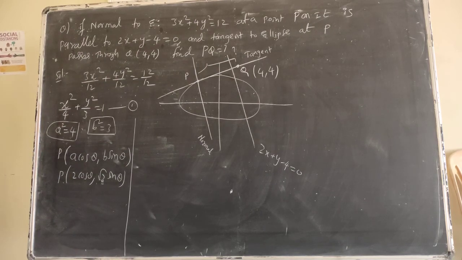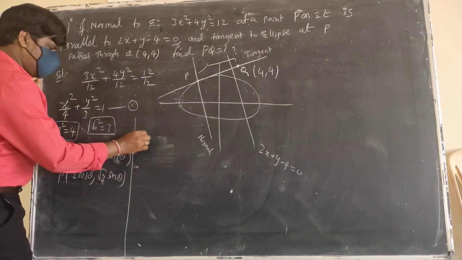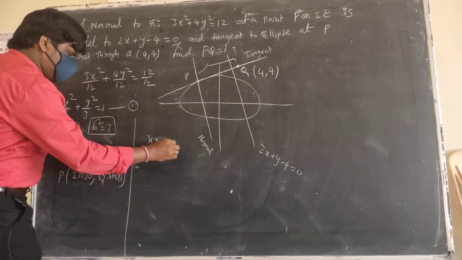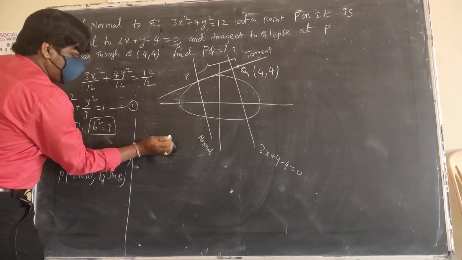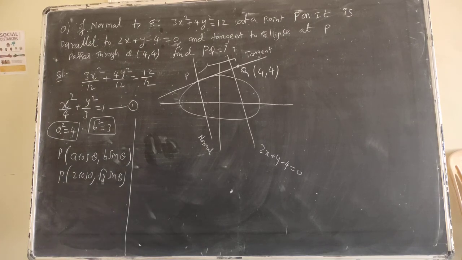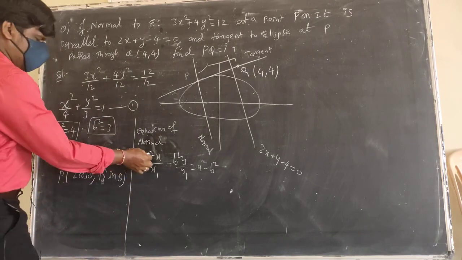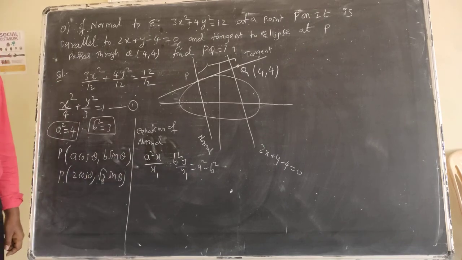So the equation of the normal I will find. What is the equation of the normal formula? The equation of the normal formula is a square x by x1 minus b square y by y1 is equal to a square minus b square.